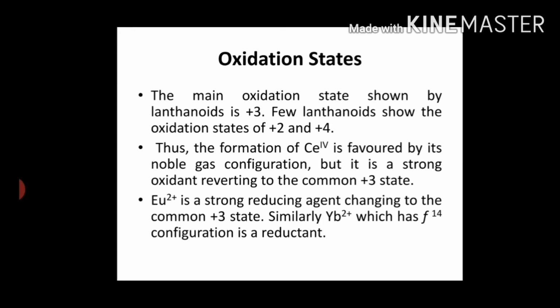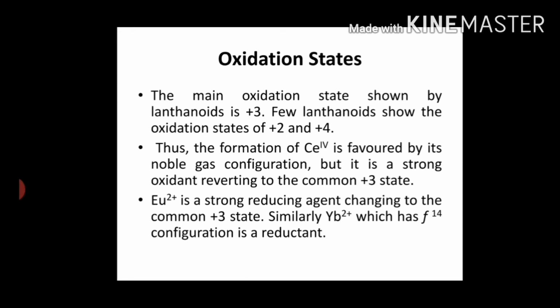That is why the lanthanoids like cerium and terbium in their +4 oxidation states have a tendency to come to the more stable oxidation state of +3 by gaining electrons and act as good oxidizing agents.